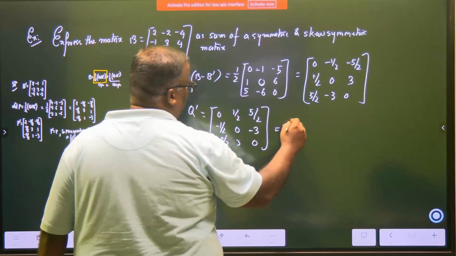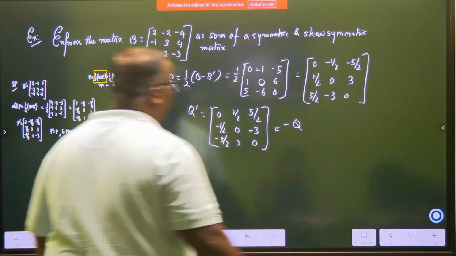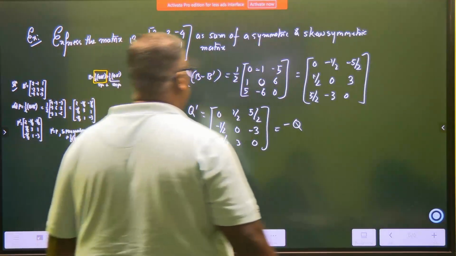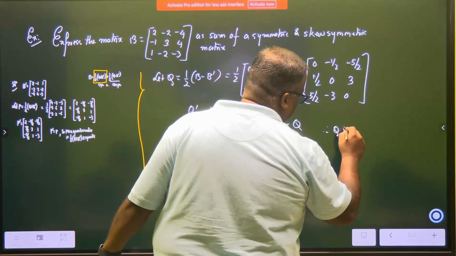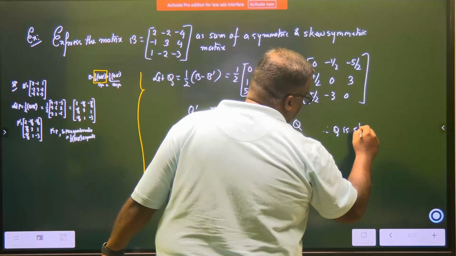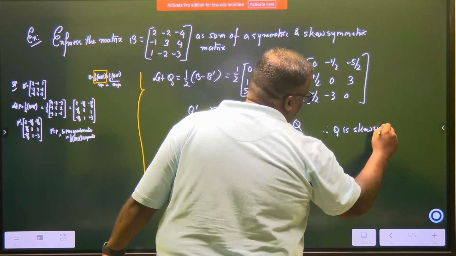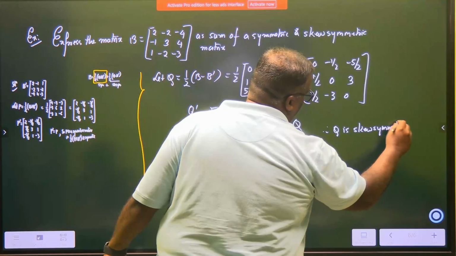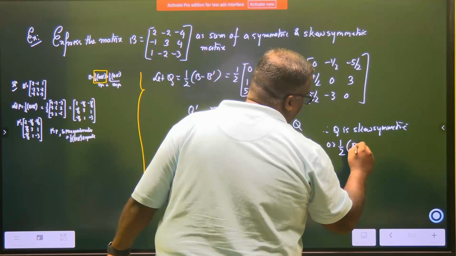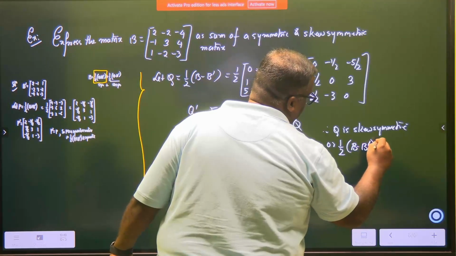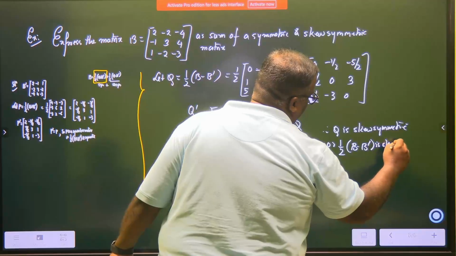Now this is equal to negative Q. Yes? Therefore, Q is skew symmetric, or half B minus B prime is skew symmetric.